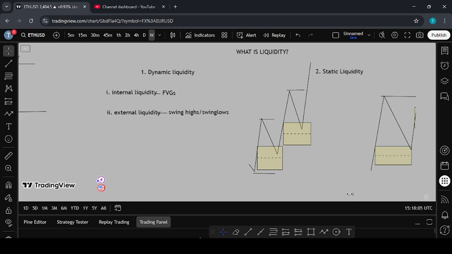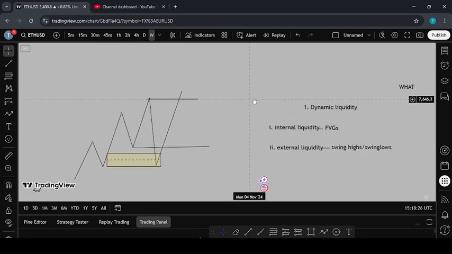So the idea is that the market creates liquidity for its momentum, right? As it moves, it creates that liquidity. Now if the price does not sweep liquidity before a key level, it will use that key level as liquidity to fuel its momentum. For example, this affects a lot of people.